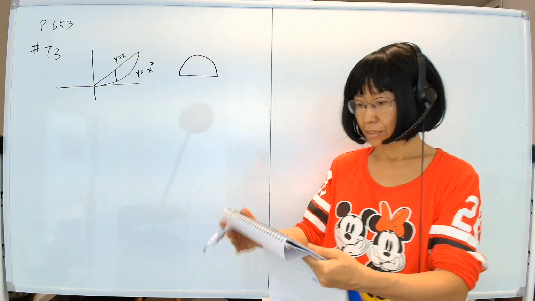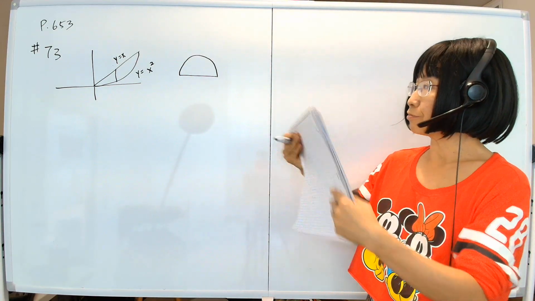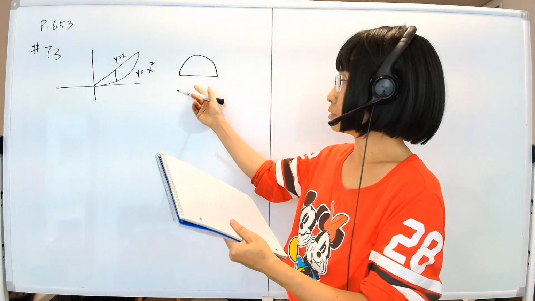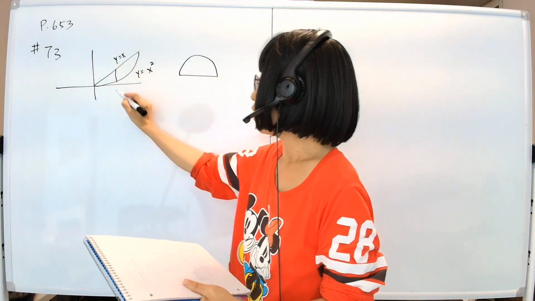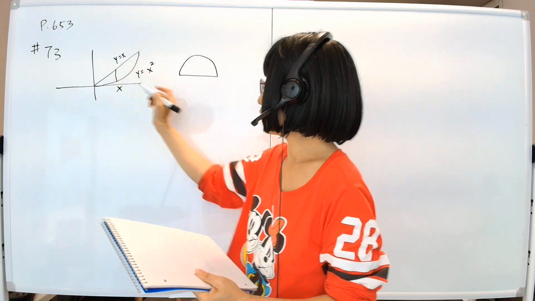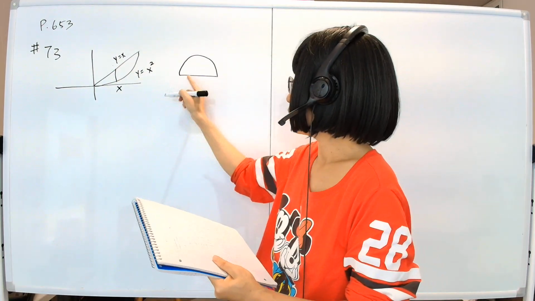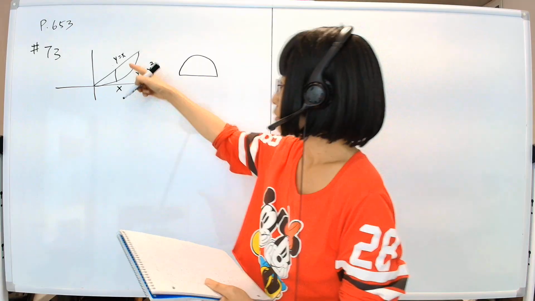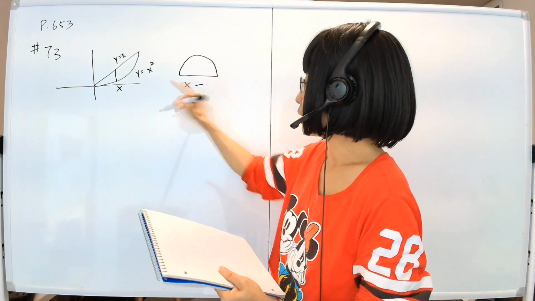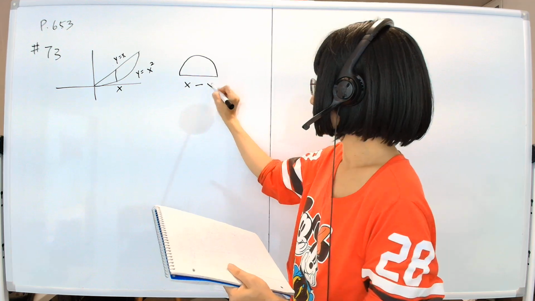To do that, we first have to figure out the diameter of the semicircle. Here's x, and the diameter of the semicircle would be the top value, which is x, minus the bottom value, which is x squared.